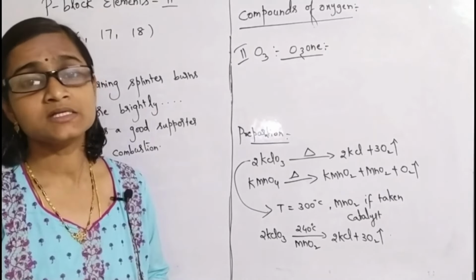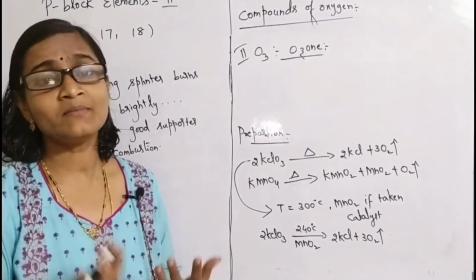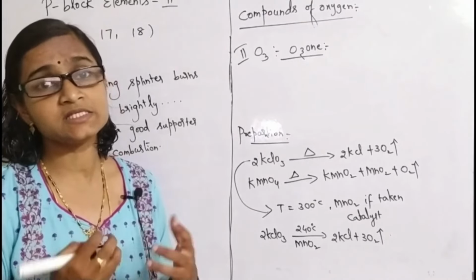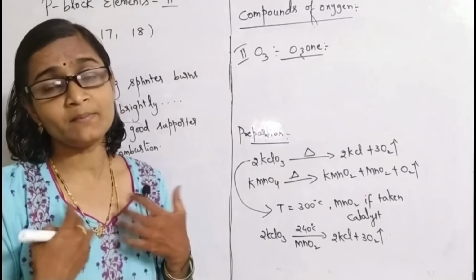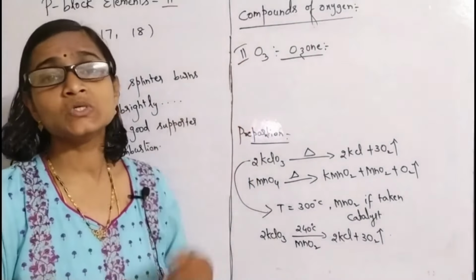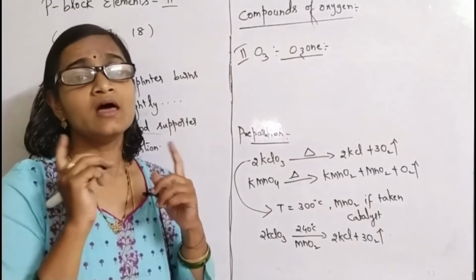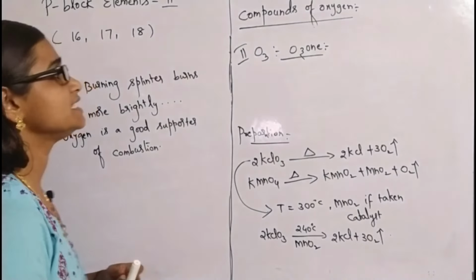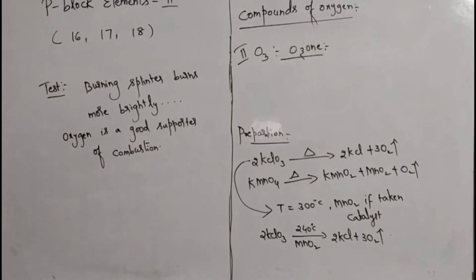We are protected from ultraviolet rays that are being released by the sun with the help of this ozone layer. Ozone layer is there around the surface of the earth. So it is protecting us from hot UV rays which are coming from the sun. So it's an allotropic form of oxygen.